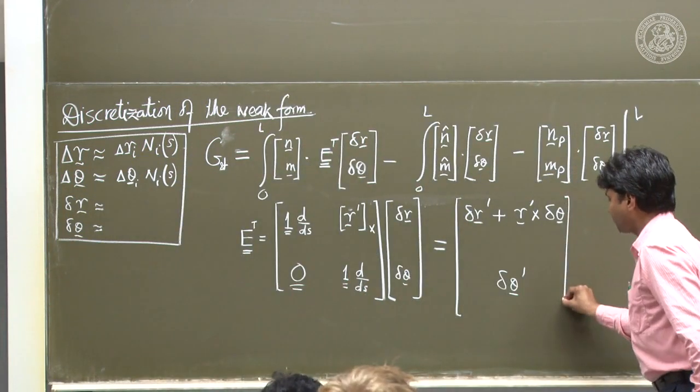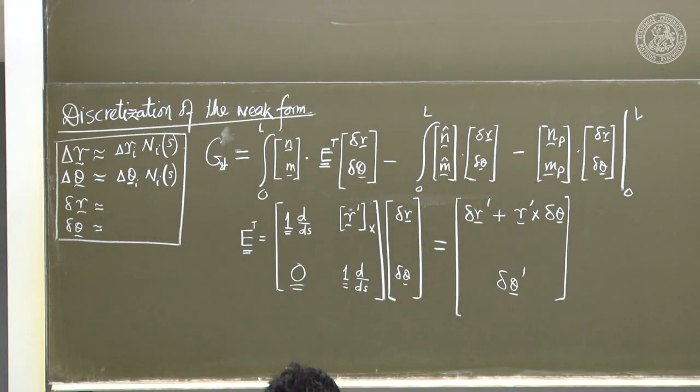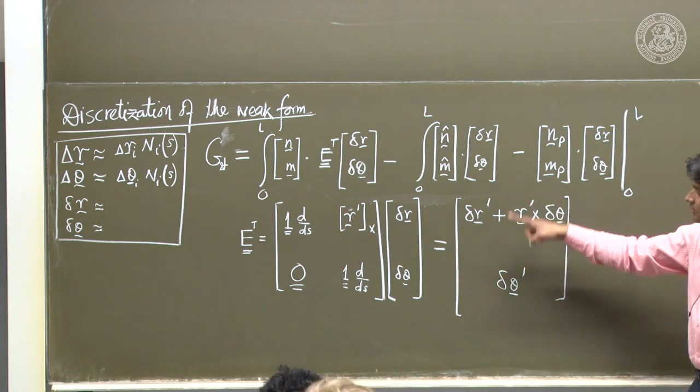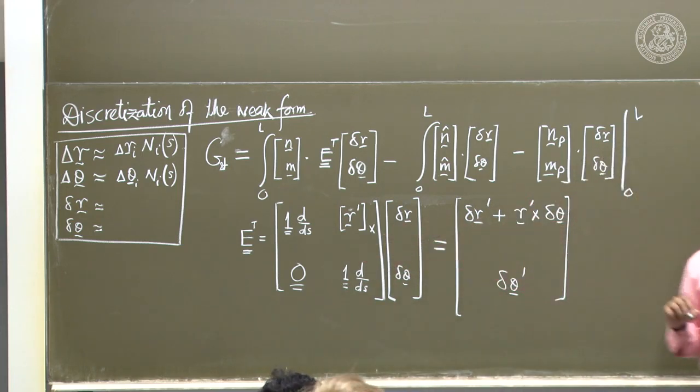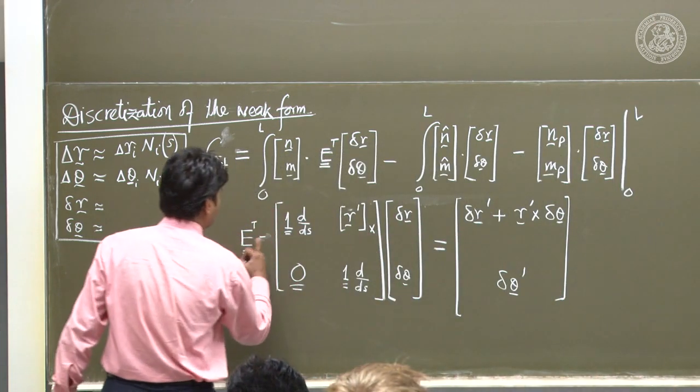The whole idea was to write this using this operator E transpose, isn't it?